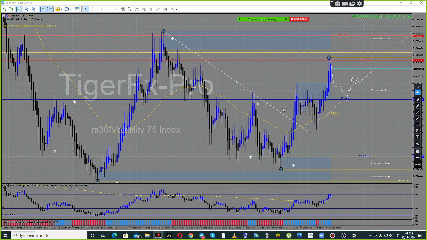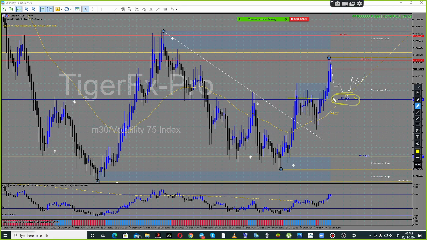You see this break of the trend line? On that break, that's when I'm going to look for a buy. Right now the market has broken the trend line, but the reason I will wait is that the market is close to this resistance.